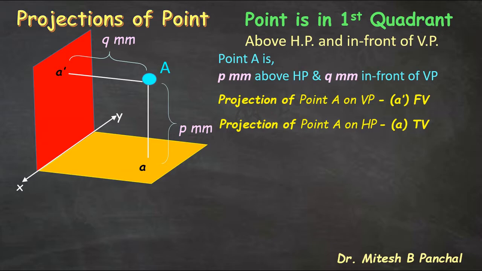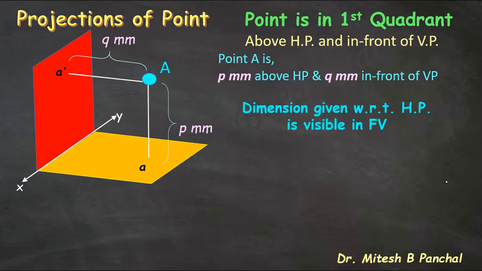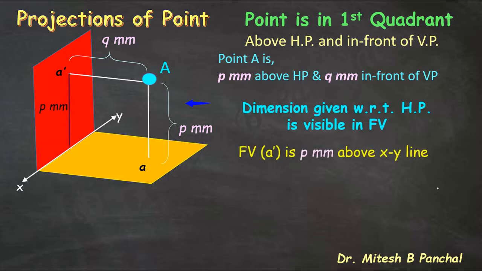The dimension with respect to HP is visible in the front view. The viewing direction for the front view is this one. So this dimension P mm is visible in the front view. So the front view of point A, that is a dash, is P mm above the XY line.